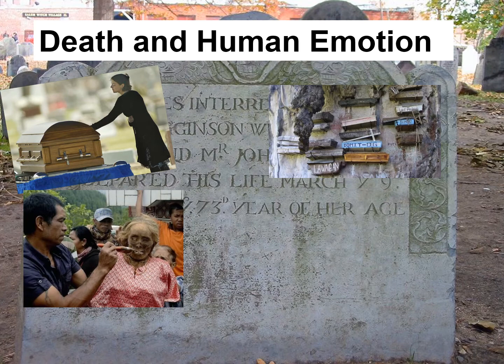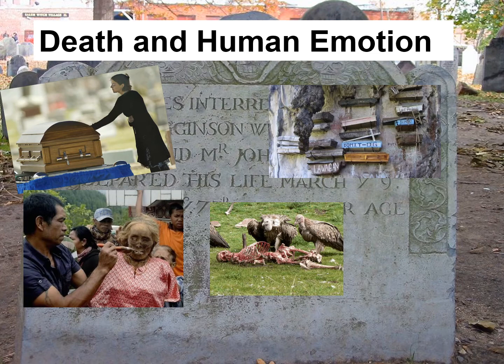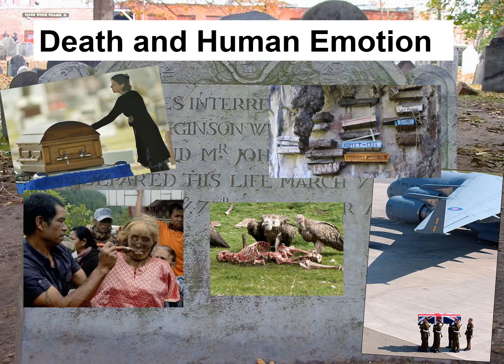In the top right, we have what they call cliffside burials, where the coffin is actually placed into the side of a cliff. Of course, we have ceremonies in some countries where the dead are taken out of their crypts and paraded around the streets once a year in a celebration. We also have things like sky burials, which occur in Nepal and Tibet, where they leave the deceased individual out in a field and allow the animals to scavenge off of them.